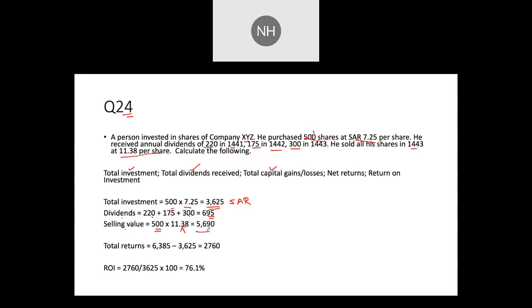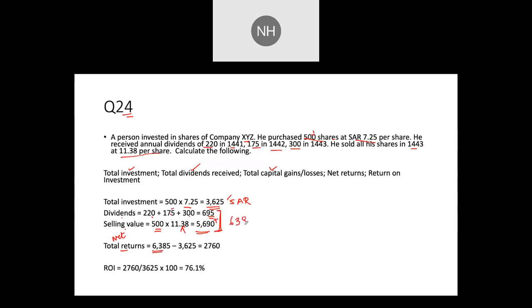So when you multiply, you should get 5,690 Saudi Riyals. So these two are his total returns, and this is his principal. So total returns, yani net returns, is this plus this, 695 plus 5,690, that is 6,385.